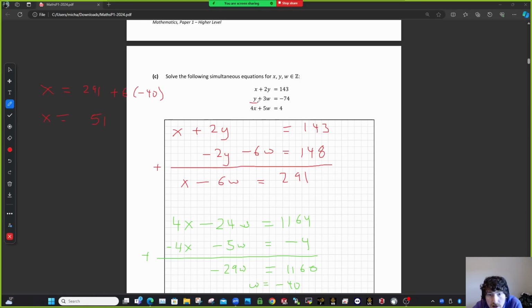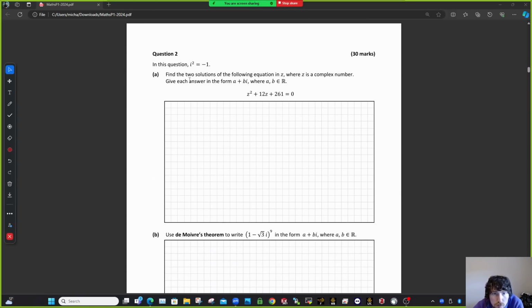You just put your value of w in there. So y equals minus 74 minus 3w, minus 3 bracket minus 40. And then y works out as minus 74 minus 3 multiplied by minus 40. So it's 46. And they're the correct answers. I checked them earlier on a simultaneous equation solver. So there are your values, easy enough.